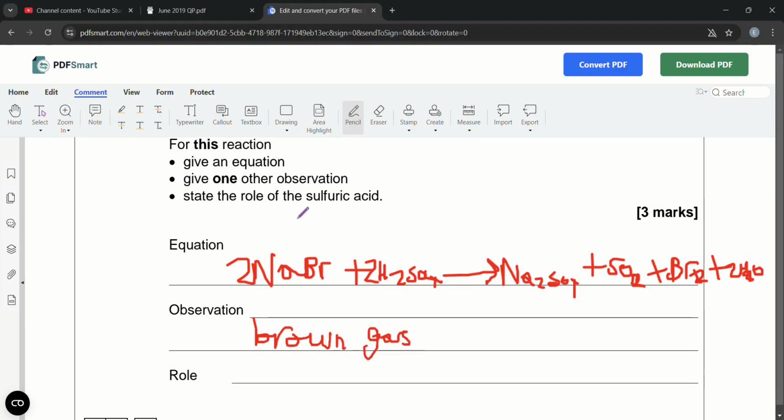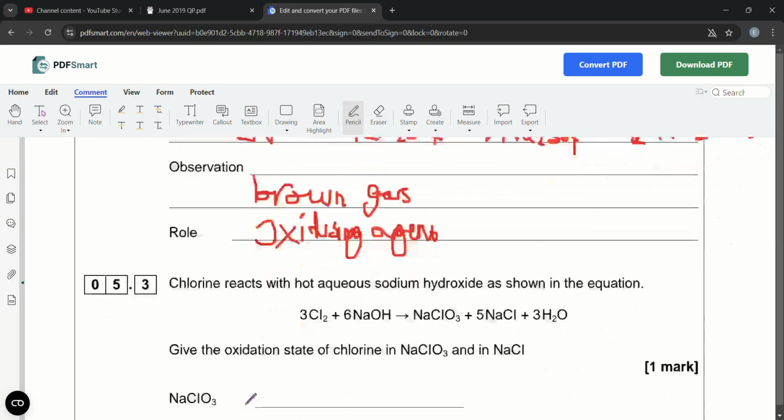And then state the role of sulfuric acid. Well, it's going to be an oxidizing agent. So 2NaBr plus 2H2SO4 arrow Na2SO4 plus SO2 plus Br2 plus 2H2O. Brown gas formed is an observation, oxidizing agent.